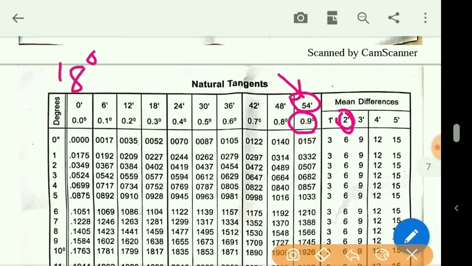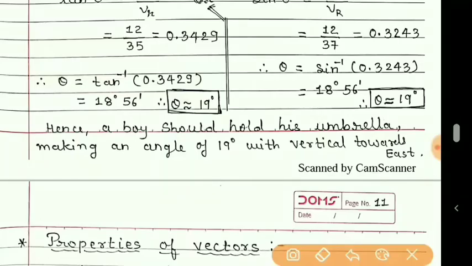So 54 plus 2 minutes means it is 56 minutes. But this is nearly equal to 19 degree. And so the exact value of this theta is 18 degree and 56 minutes, but that is approximately equal to 19 degree.